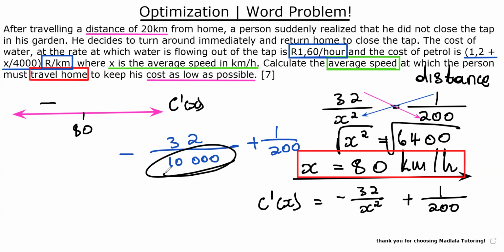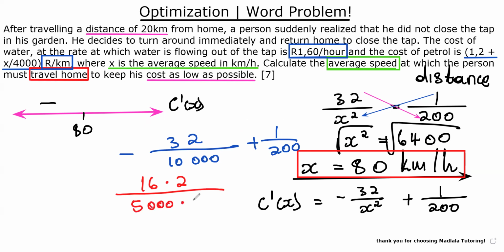it's 10,000. But if you wanted to simplify it further so that you can actually see it clearly, you can simply say 32 is the same as 16 times 2, and 10,000 is the same as 5,000 times 2, right? Of course. And then you'll say the 2's will cancel out. So now you have 16 over 5,000.